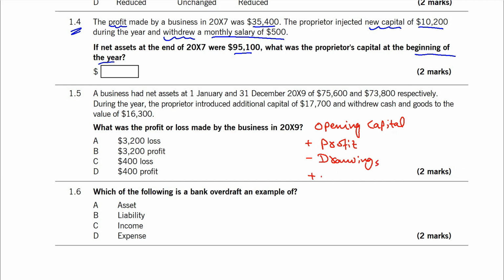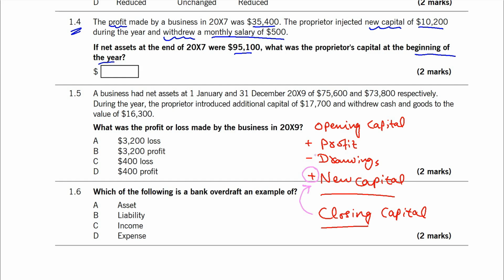Then we add any new capital in case the owner injected any new capital during the year, and finally we get the answer of closing capital. Now when we go backward, from closing capital to opening capital, whatever we are adding here we will subtract, and whatever we are subtracting here we will add.